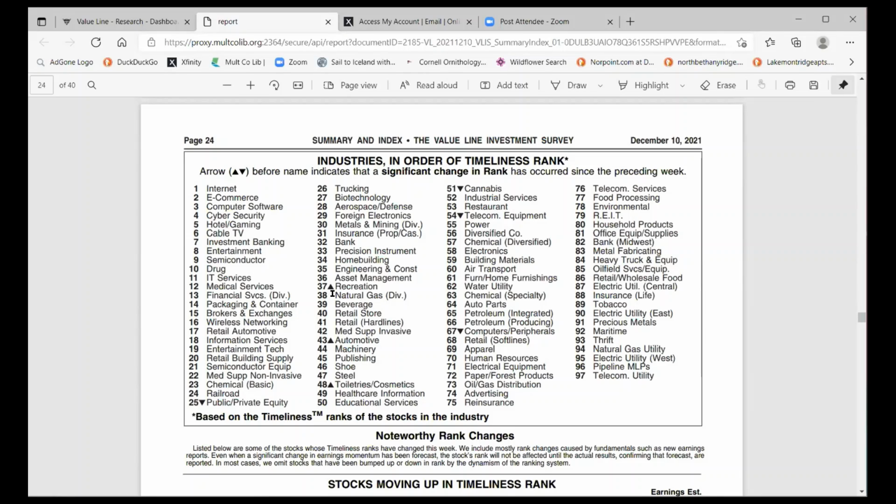What I'm looking for are the little arrows, as in what is going up in their system and what is going down. So public and private equity is going down, recreation is going up, automotive, toiletries, cannabis down, telecom equipment down, computer peripherals down. That's just kind of general information for what they think is moving.